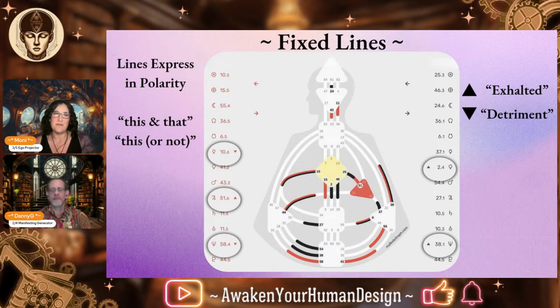For the example of my chart, if you look at my Mercury, on the right, the top one that's circled is 10.6, and it's fixed in the detriment. 10.6 is the hypocrite. I find it kind of funny because my body, the red, the unconscious, is programmed to communicate, Mercury's communication, where I'm a hypocrite and where I've messed stuff up.